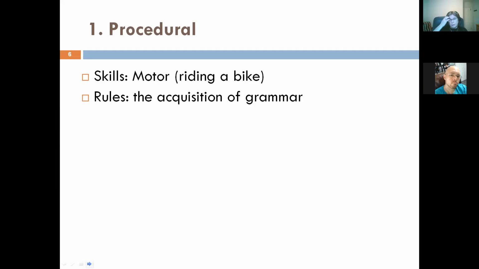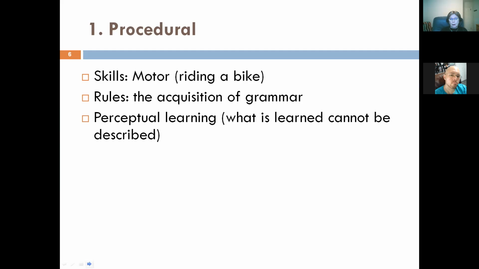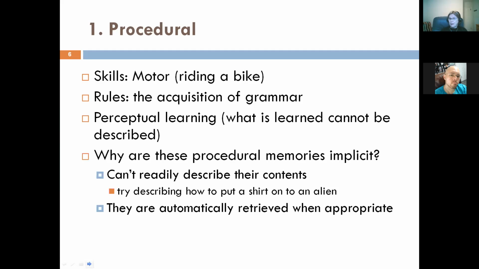Unless you train to be an English teacher, it's almost impossible to explain why we do certain things in English. There are certain things that we learn without knowing that we do so. And again, why are they implicit? Because you can't use propositions to describe them. I mean, you could, like I'm doing now, but that's not really how it's done.